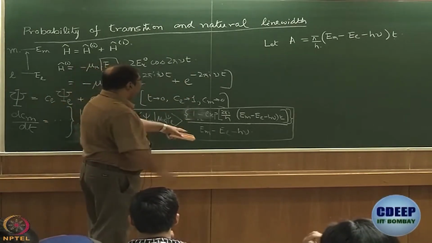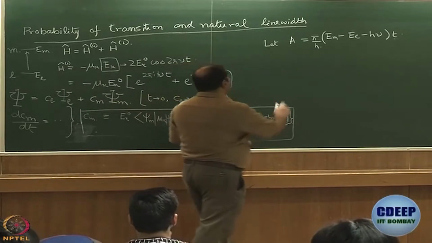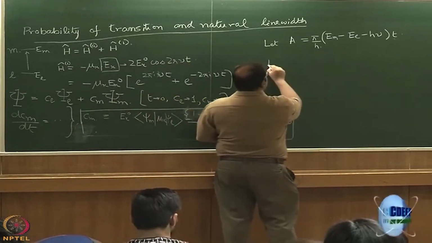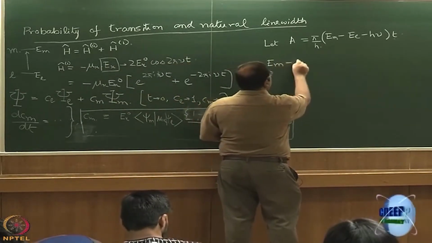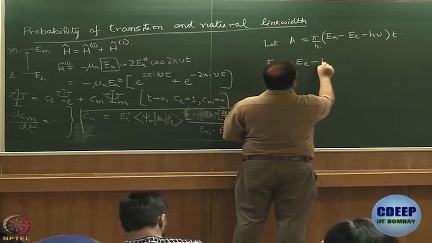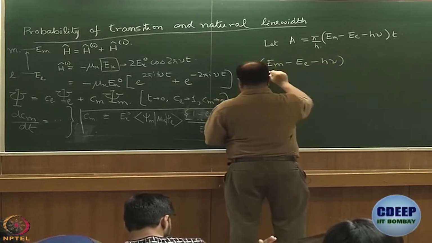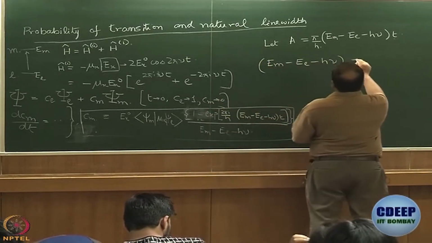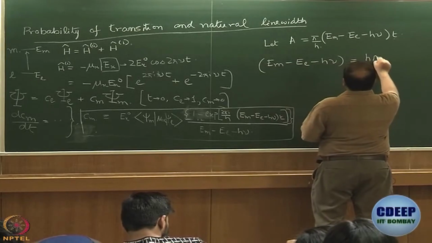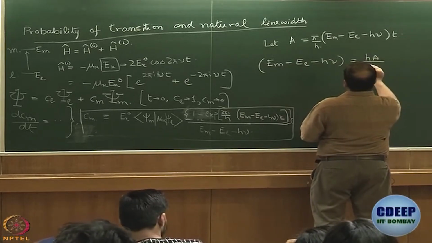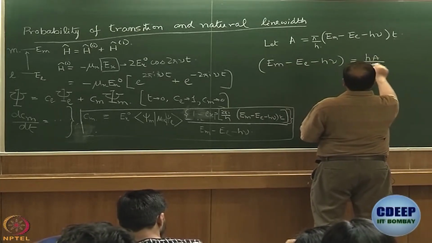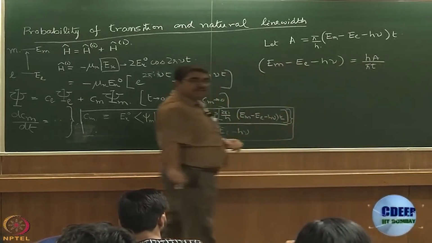So what is the denominator then? Em minus El minus h nu, that will be equal to hA divided by pi t, isn't it? hA divided by pi t.